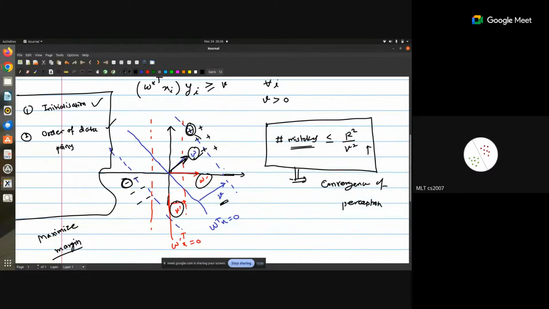This applies only if you are choosing the same gamma. If you have chosen a different gamma, then I shouldn't compare, because the upper bounds will be different. But the problem is the same, right? Yes, but we cannot compare the number of mistakes if you choose a different gamma and I choose a different gamma.